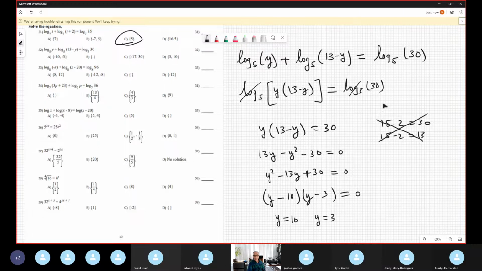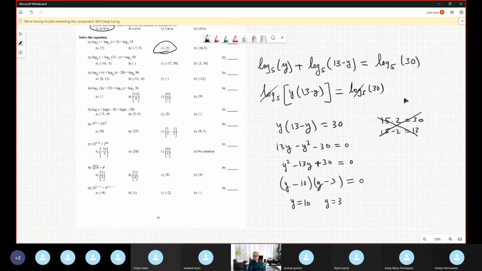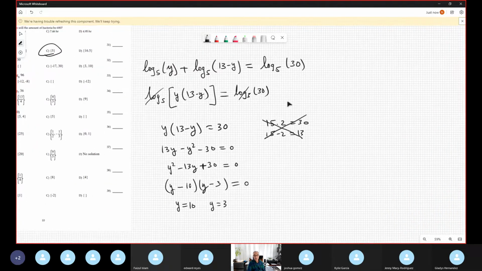Guys, important. I want to see in the test: if you leave it like that, I put 0 for you. Because you need to know that in a logarithm equation, one important part is checking the solution. I need to verify 10 and 3 in the original equation.